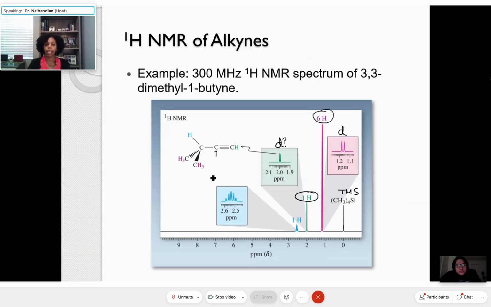And then we look at this blue hydrogen. This blue hydrogen has these 6 hydrogen neighbors. So it's split into a septet of doublets. Look at this here. We have 1, 2, 3, 4, 5, 6, and then teeny tiny down here, 7.